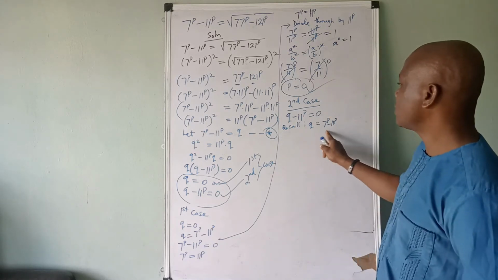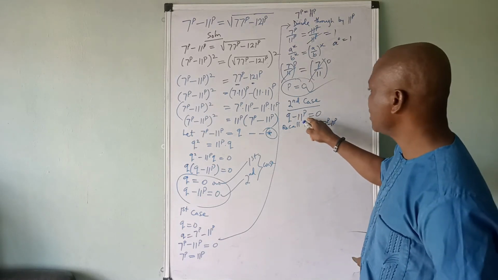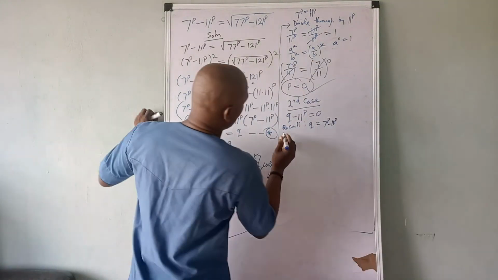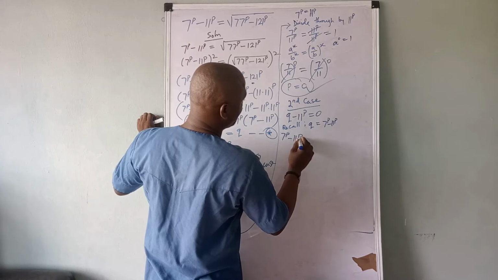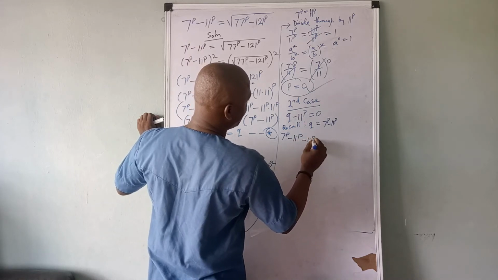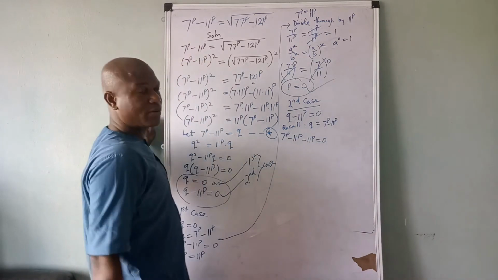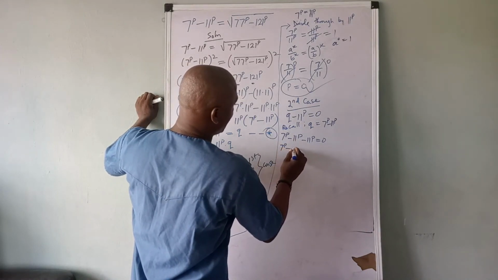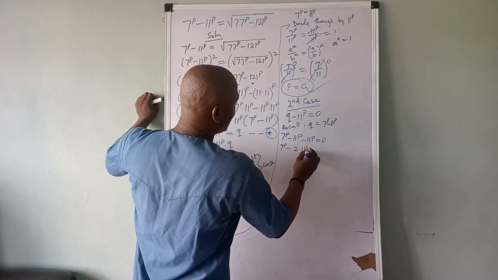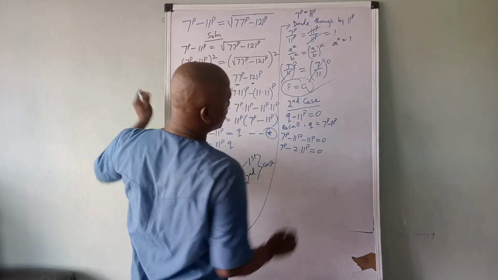So substituting this expression for q into this equation, we give 7 raised to the power p minus 11 raised to the power p minus 11 raised to the power p is equal to 0. So this is the same as 7 raised to the power p minus 2 into 11 raised to the power p is equal to 0.